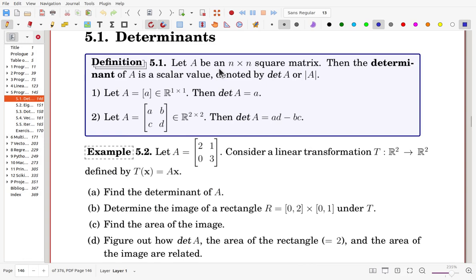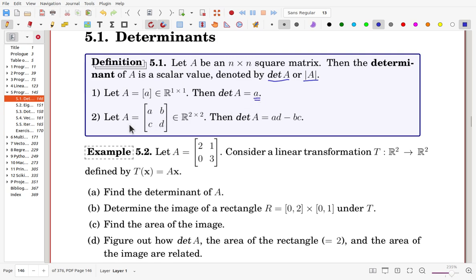A is an n by n square matrix. Then the determinant of the matrix A is a scalar value denoted by det A or the absolute value sign of A. If A is a 1 by 1 matrix having a single entry a, then the determinant of A is the entry.